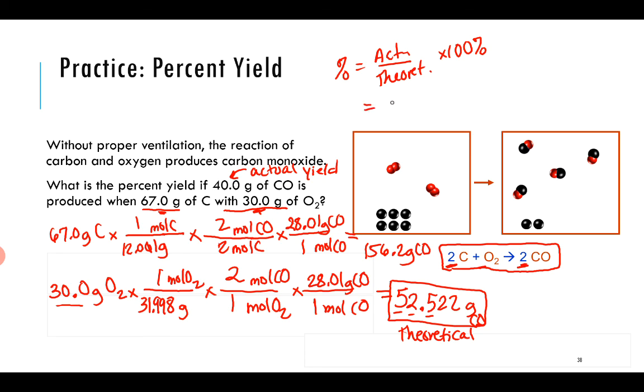My actual yield was 40.0 grams of carbon monoxide, and then my theoretical yield was that. Turn that into a percentage.